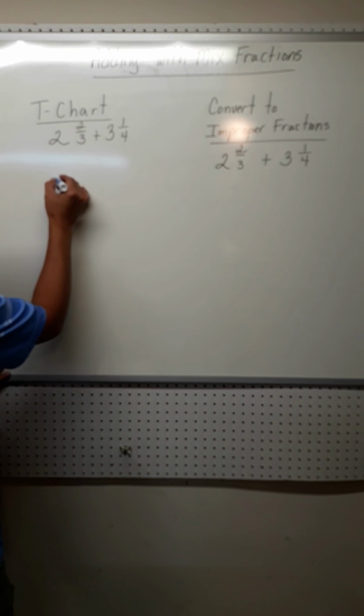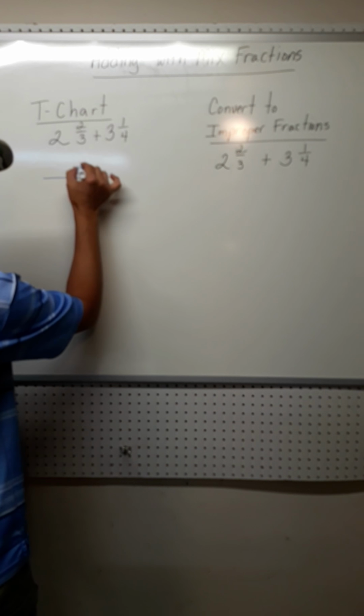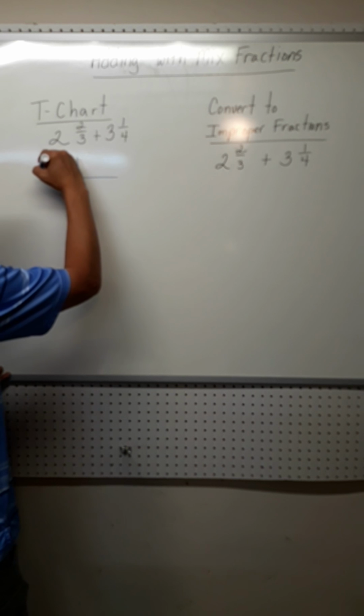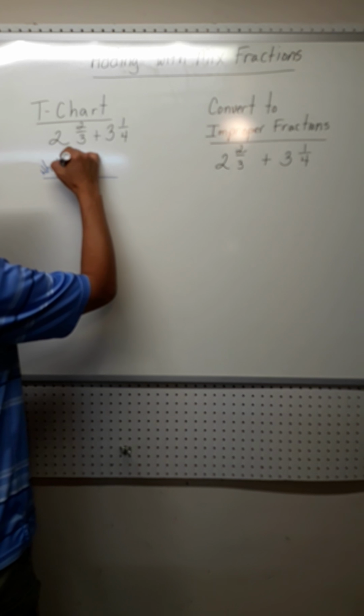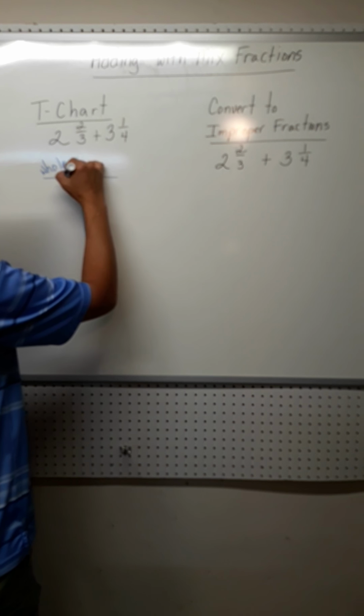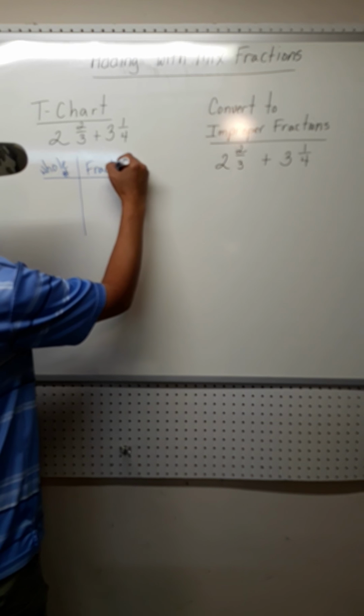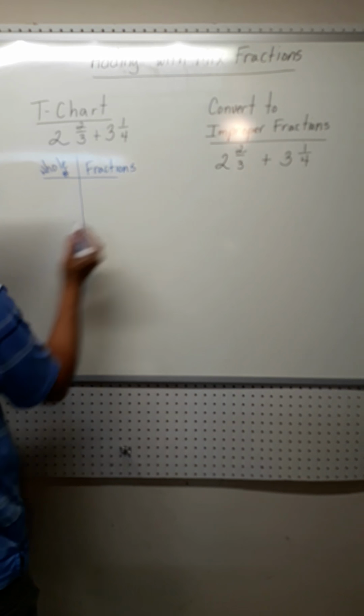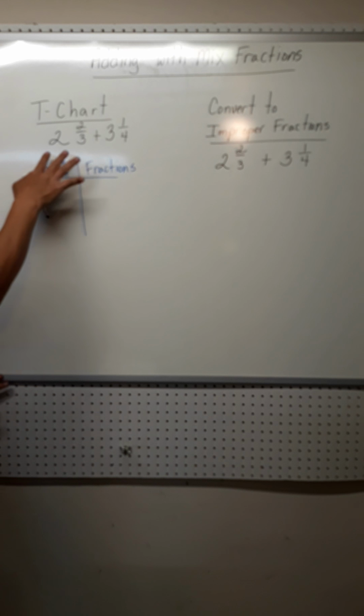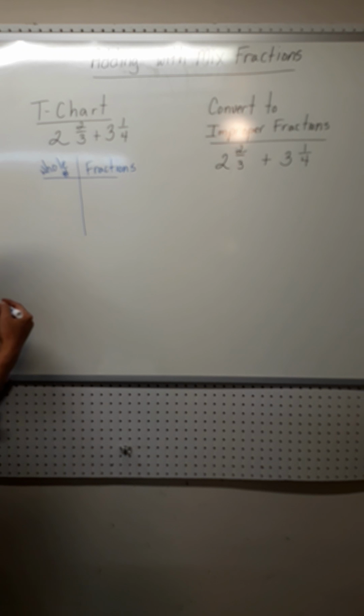All right, t-chart is just that. I'm going to create a t-chart that has my whole numbers and my fractional parts. In my first fraction, I have 2 and 2/3.